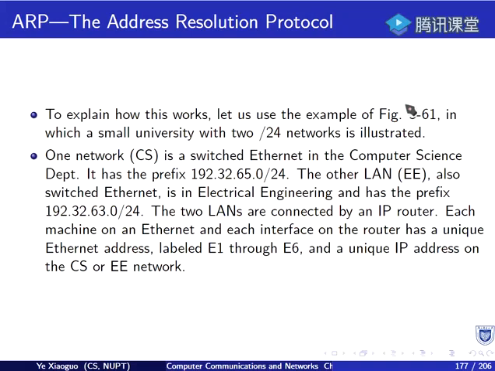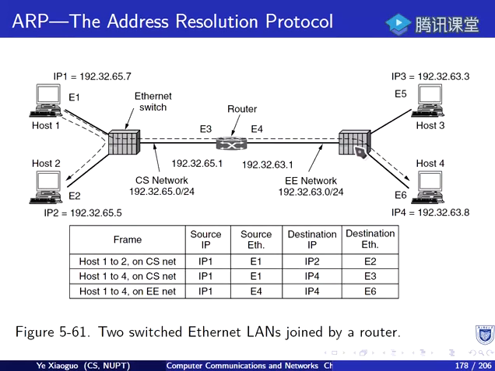To explain how this works, let's use the example of figure 61. Two switched Ethernet LANs joined by a router. This is a router.